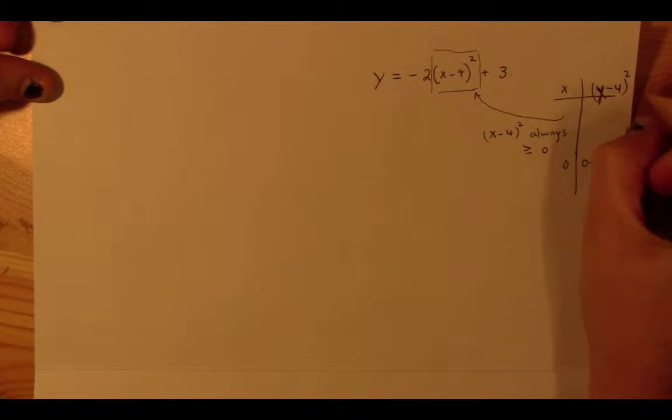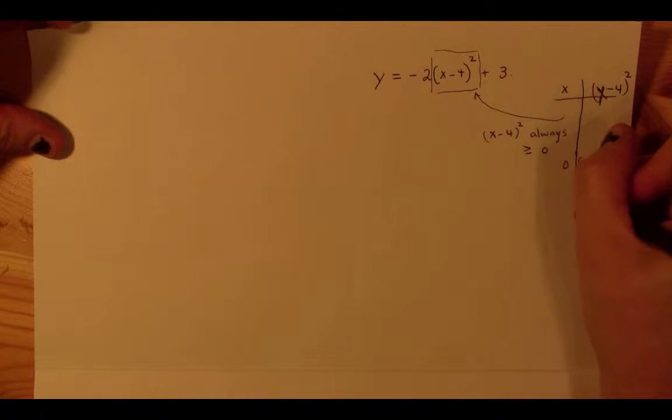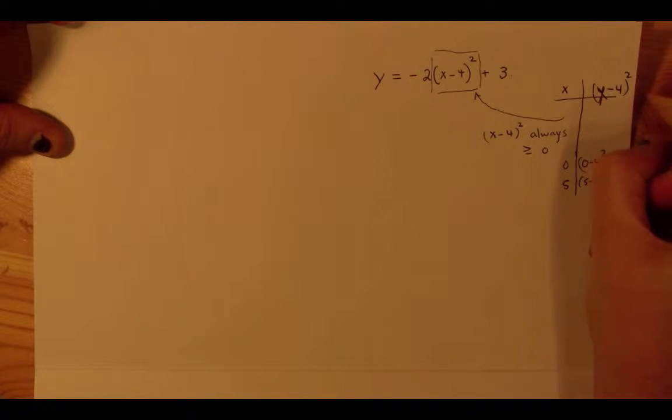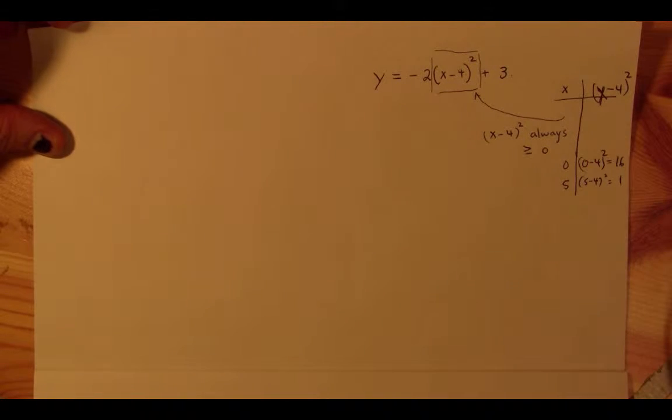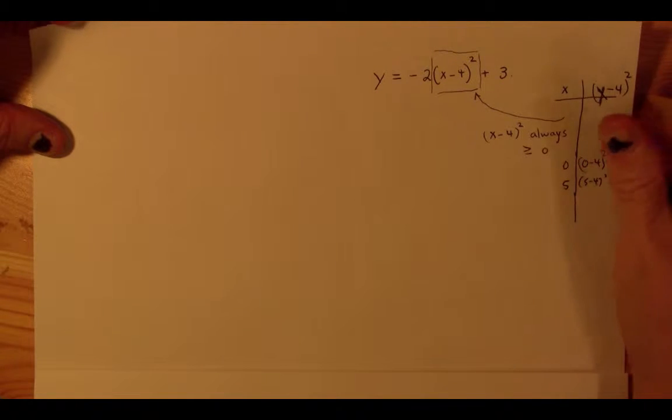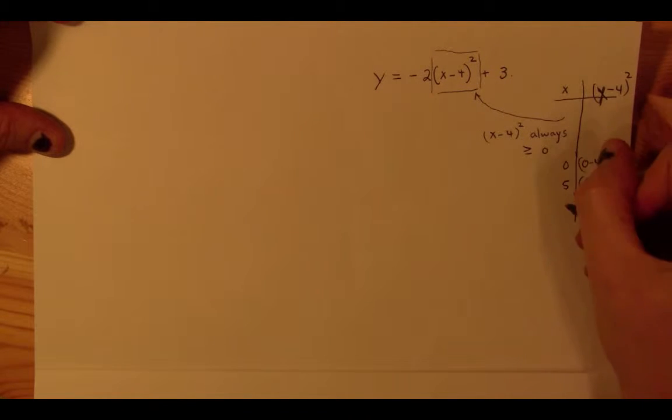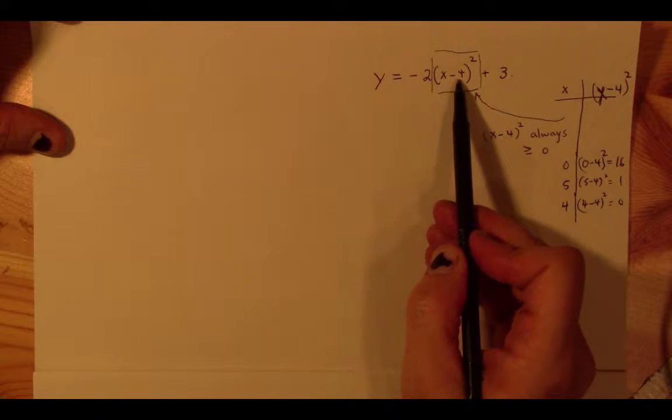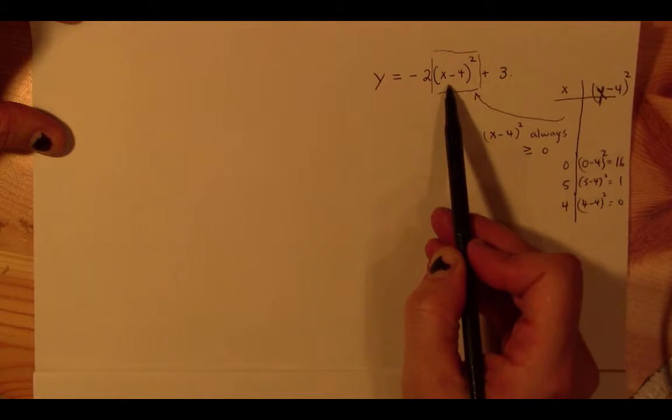So 0 minus 4 squared is minus 4 squared, which is 16. So you see, no matter what I put in here, I always get a positive value out. There's one value I can put in to actually get out 0, which is 4. If I put in 4, then I get 0 squared, which is 0. So this part is always greater than or equal to 0.